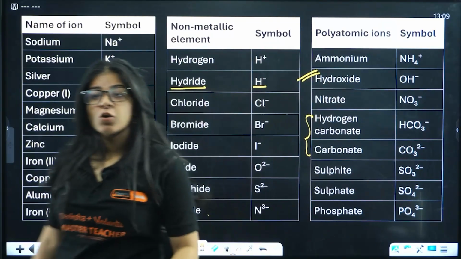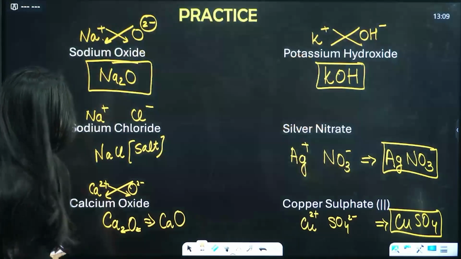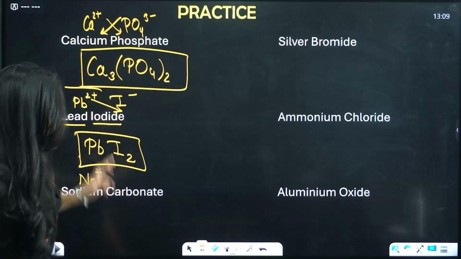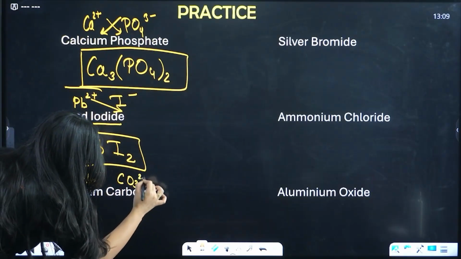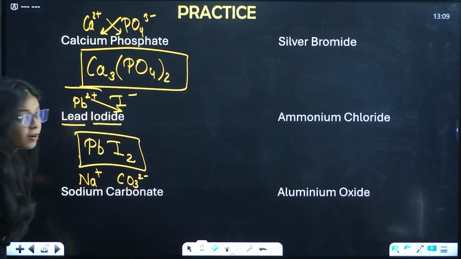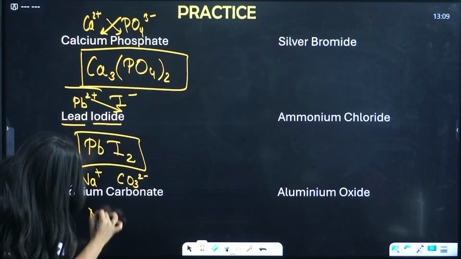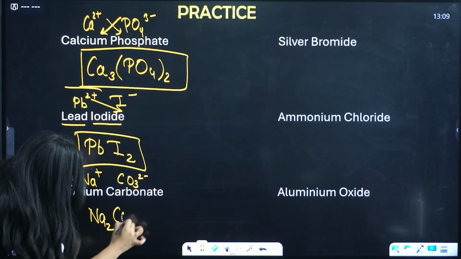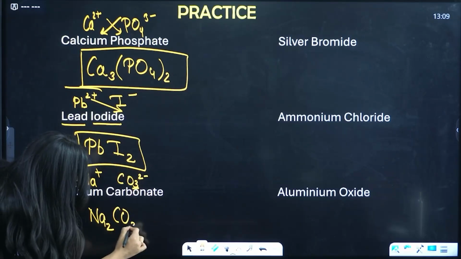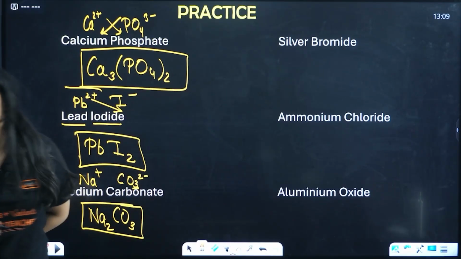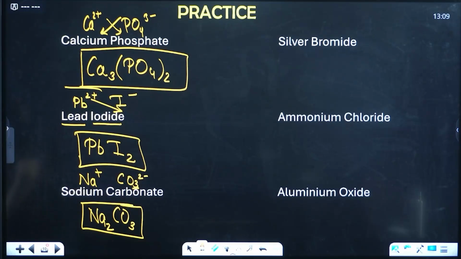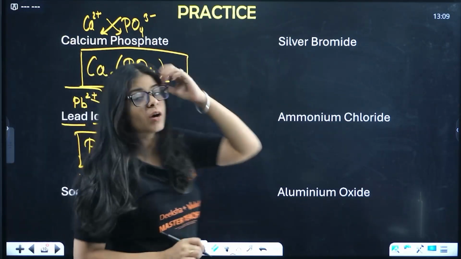So sodium carbonate: 2 will go in the foot of sodium. Na₂CO₃. This 3 we will not touch. Na₂CO₃. Understood?